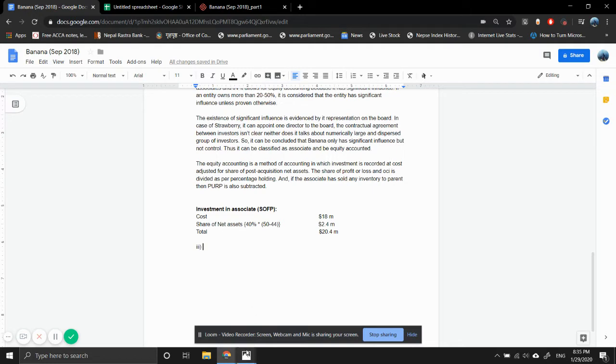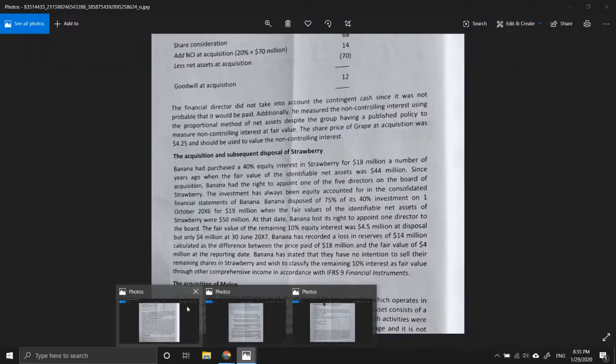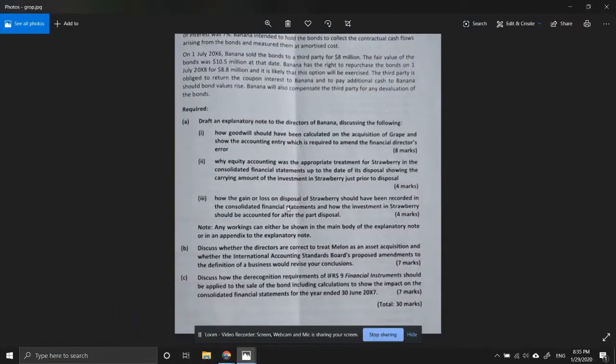So the third question that we need to solve is about how the gain or loss on disposal of Strawberry should be recorded in the consolidated financial statements, and how the investment in Strawberry should be accounted for after the part disposal.